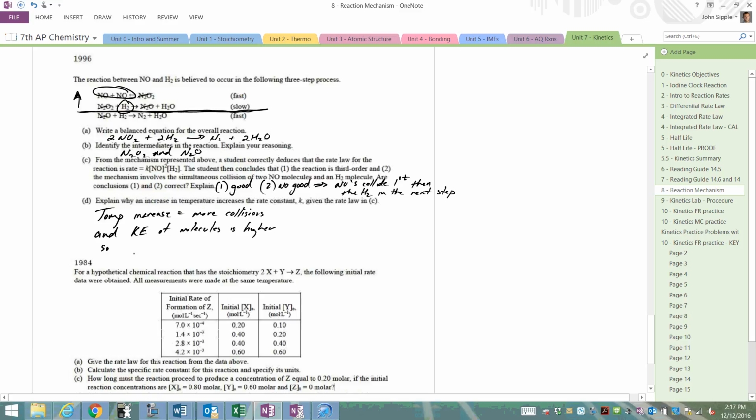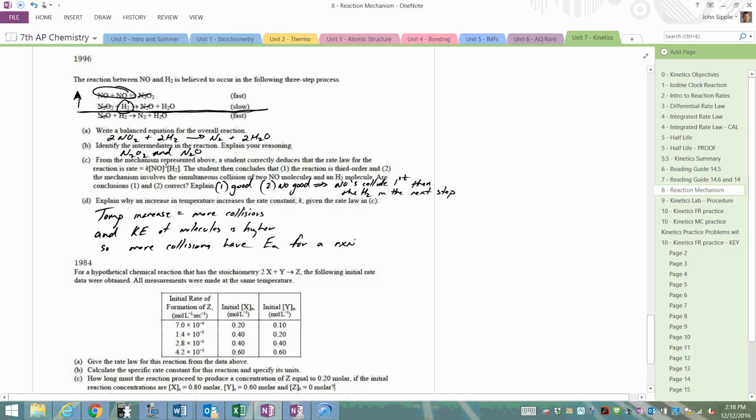So not only will you get more collisions, but more of the collisions will result in reactions, because you have molecules colliding with more energy. So you have enough energy for the activation energy.